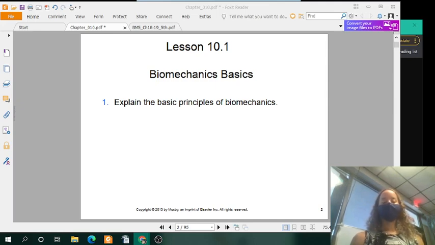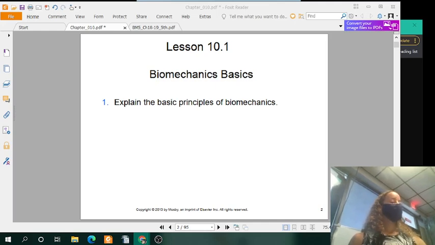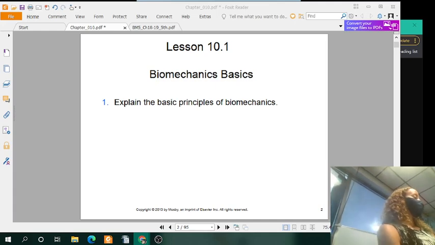Simple? Yeah. We're doing chapter 10, and of course in your assignments it tells you what page you're stopping on. But it stops at page 494 is where we're going to on this tonight.